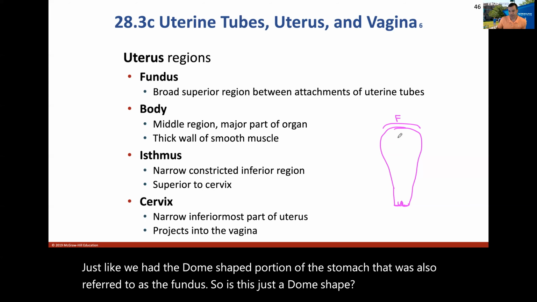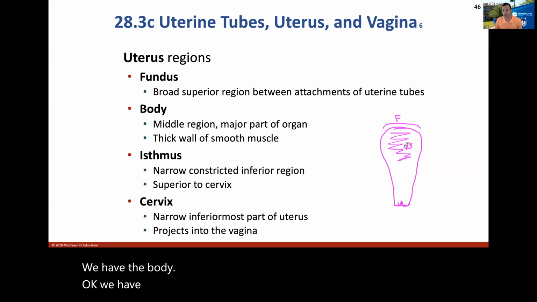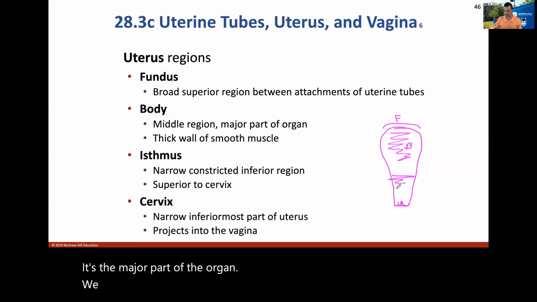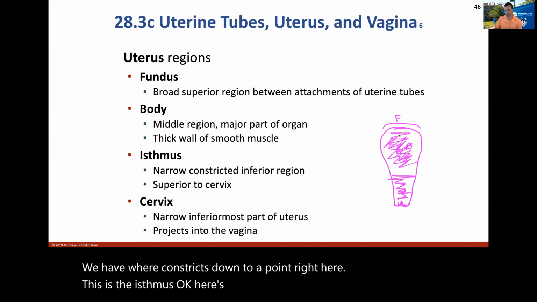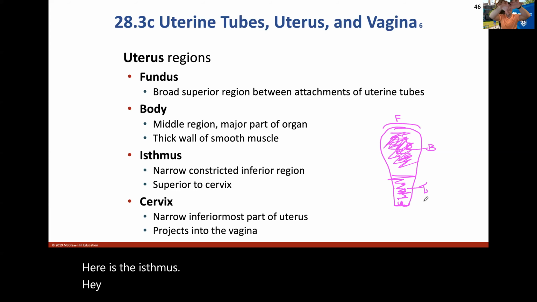We have the body of the uterus right here. It's the major part of the organ. We have where it constricts down to a point right here. This is the isthmus. Here's the body, here's the isthmus. It's just where it starts to constrict down, where it starts to narrow down.